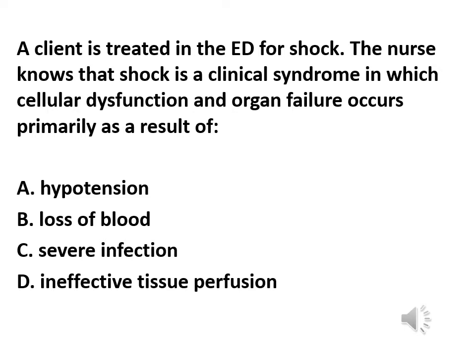So take a minute and think about that. So the answer is D. Ineffective tissue perfusion. You may have seen that down below in my notes, but it was good if you had a moment to think about it.